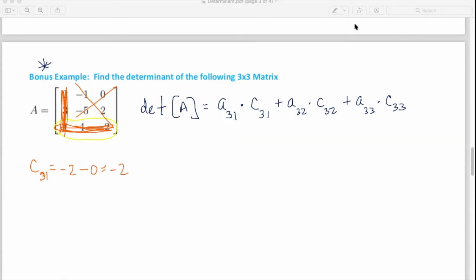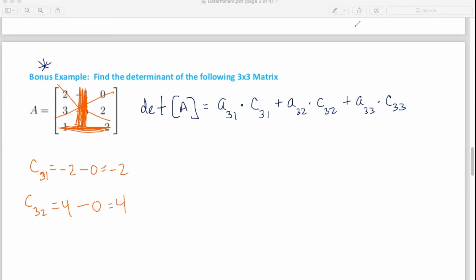Okay? Next, we have to find the cofactor of element C32, which would be disregard row 3, disregard column 2. Find the determinant of what's left, the little determinant, if you will. We got 2 times 2 is 4, minus 3 times 0 is 0, so we get 4.